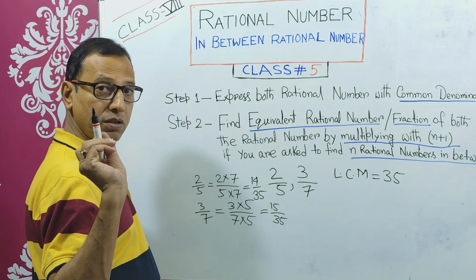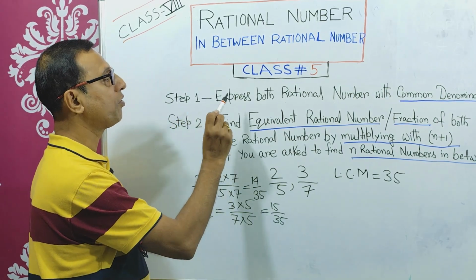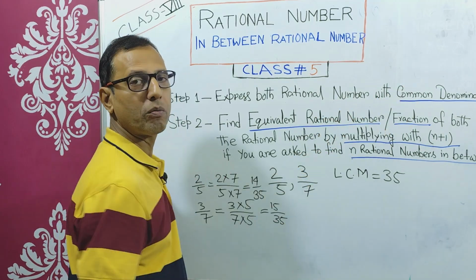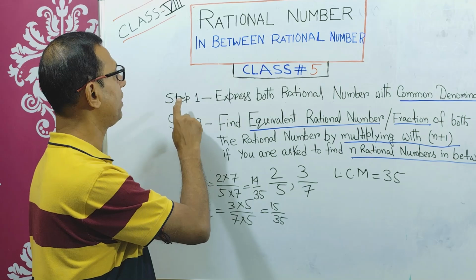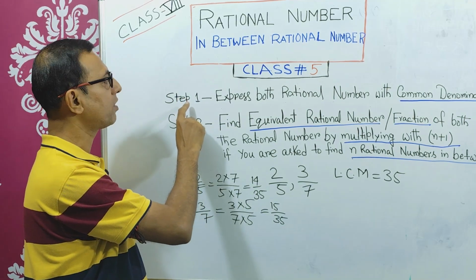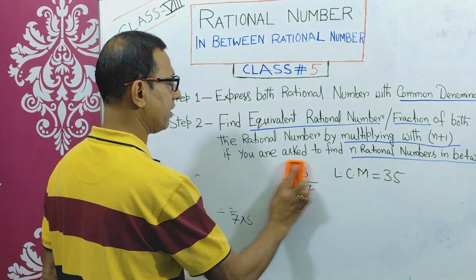So that is your task 1. Step 1 is you need to express both rational numbers with a common denominator. If it is already there, you don't have any action item as per step 1.